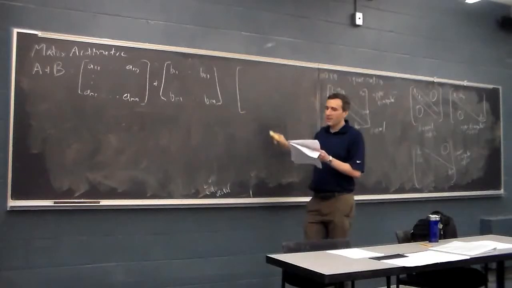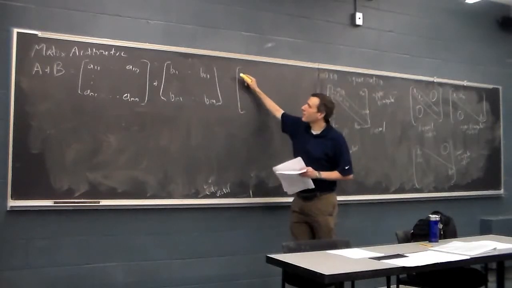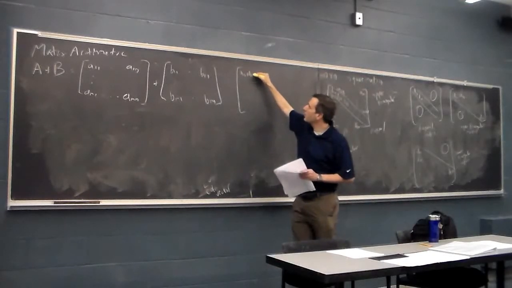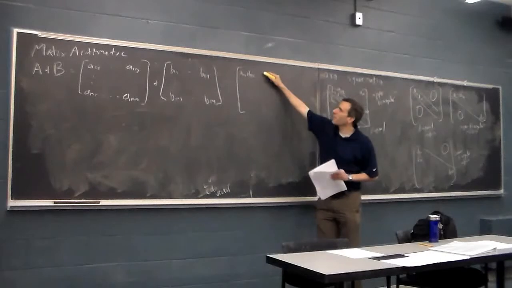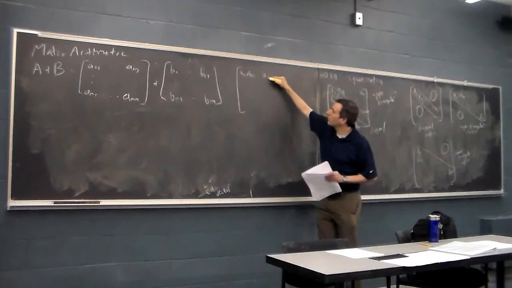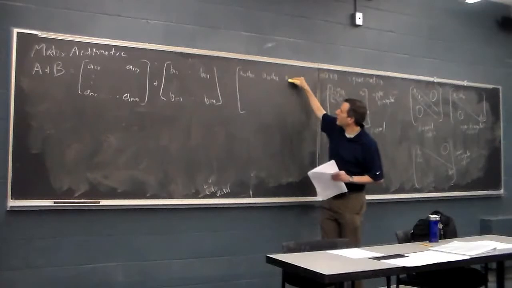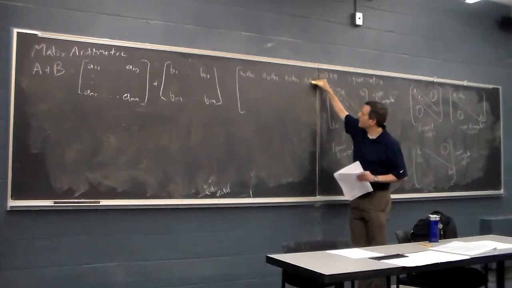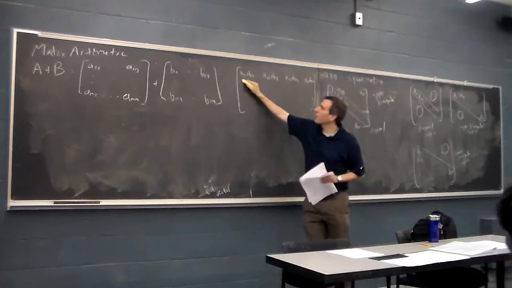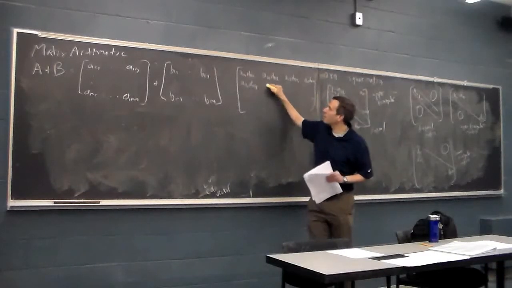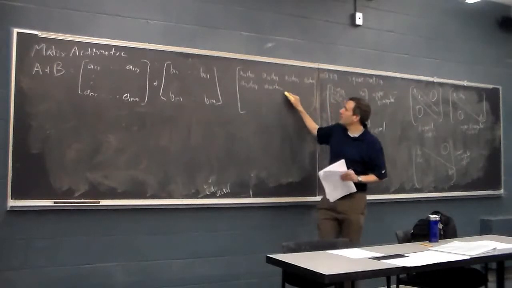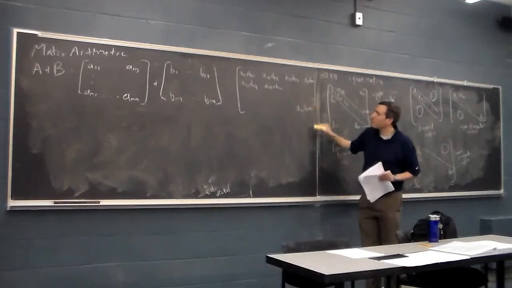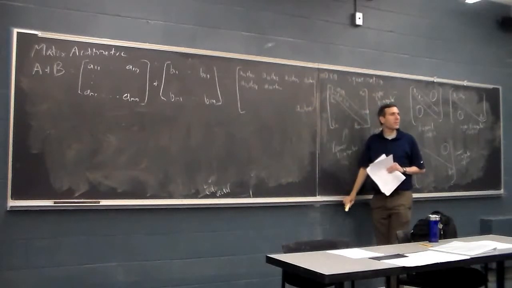In other words, the upper left corner, position 1,1 of the sum matrix, would be A11 plus B11. The next element would be A12 plus B12, A13 plus B13, etc., out through A1n plus B1n. And likewise in the next row, A21 plus B21, A22 plus B22, etc., until we get down to Amn plus Bmn. So, any questions about this?